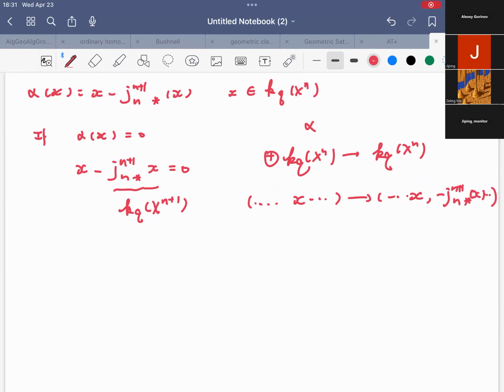Maybe I should apply the inclusion here. Maybe this is clear. The R_n just splits into the sum. You just take it to the n splits.